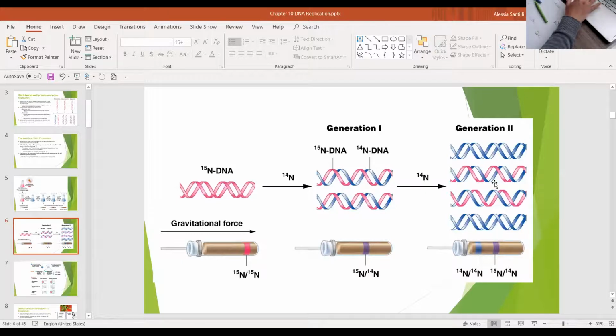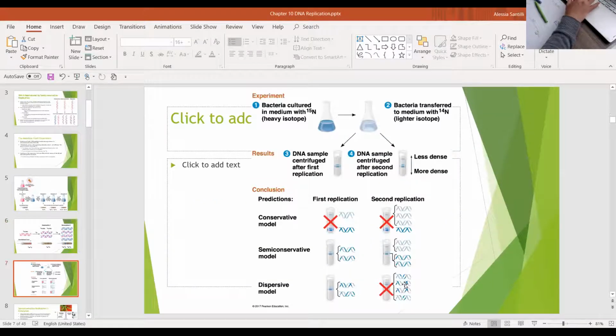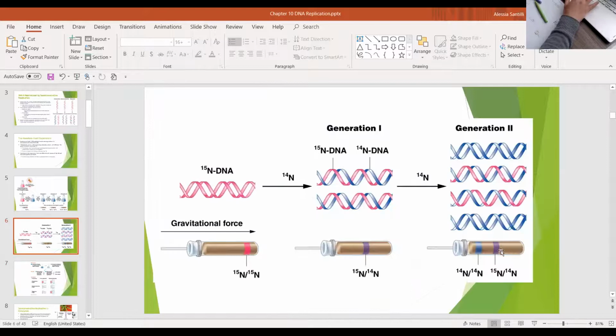We wouldn't have any double-stranded DNA that would solely be 14N. It would always be a mixture between the parent and the original. So if the replication was dispersive, all generations would have to have an intermediate density. So we would only show up with this band right here, this purple band, and this blue band would never show up. We'd only have this intermediate band happening. However, that was not the case.